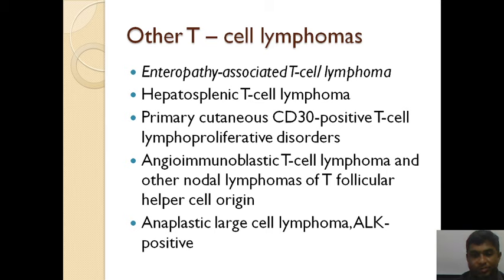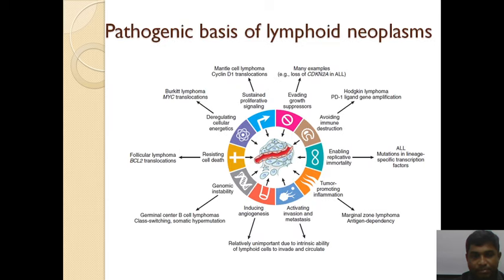So we are coming to the end. This is from Robbins. As you can see, each group of lymphomas or CLPDs has a specific abnormality which is responsible for the pathogenic behavior of these neoplasms. For example, in Burkitt's lymphoma, you have MYC translocations which deregulate cellular energetics.